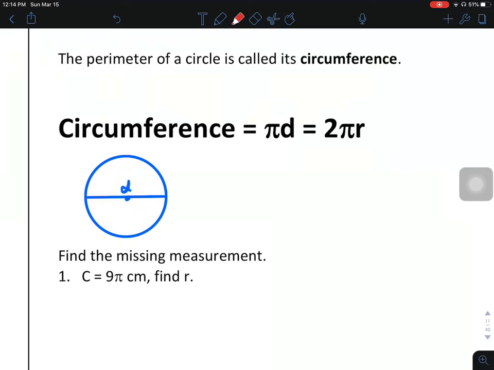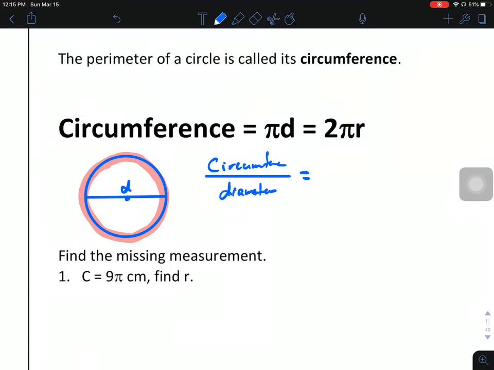and you were to take a piece of string and measure all the way around, no matter how big you made your circle. It doesn't matter if it's tiny or huge. If you take the circumference and you divide it by the diameter, you get the same answer every time.